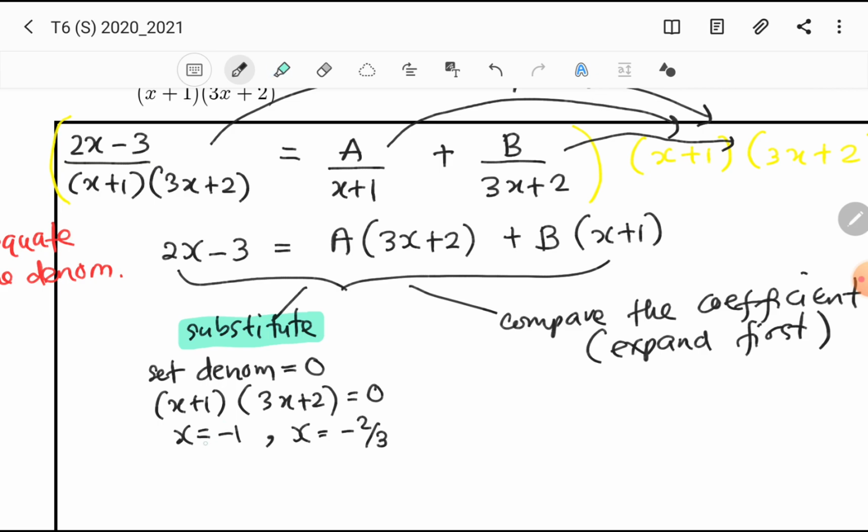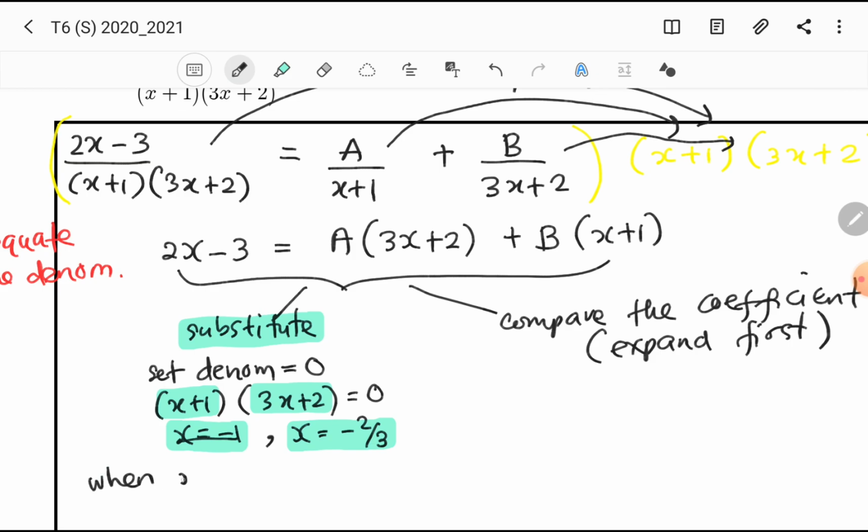So, inilah value of X yang paling sesuai untuk kita ganti. Ya? Okay. X negative 1 kita dapat daripada X plus 1. X negative 2 over 3 kita dapat daripada 3x plus 2. Nah? Okay. So, kita akan substitute one by one.